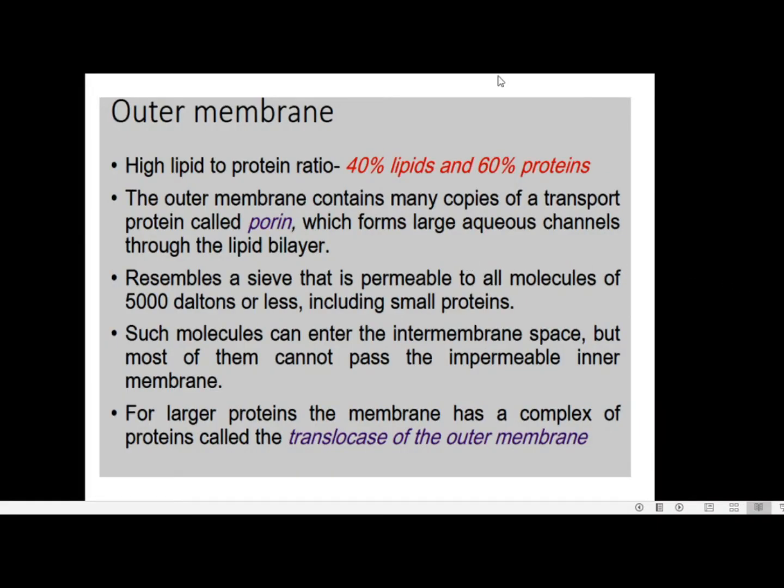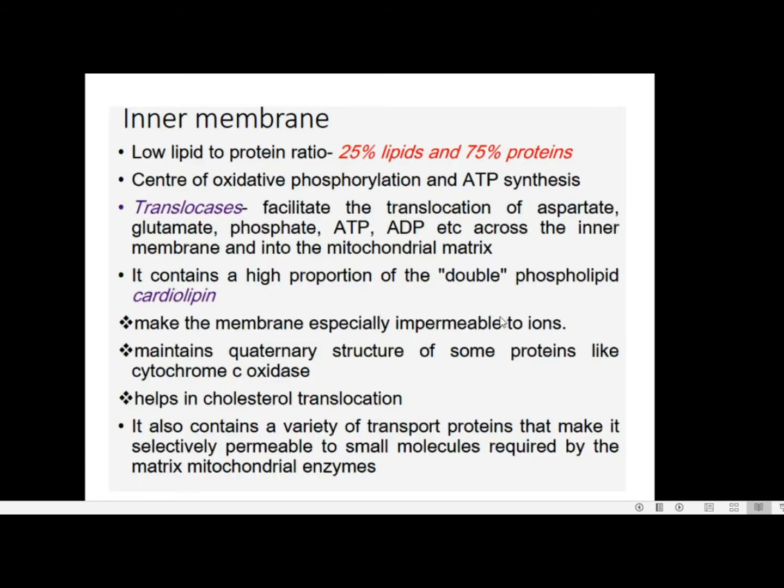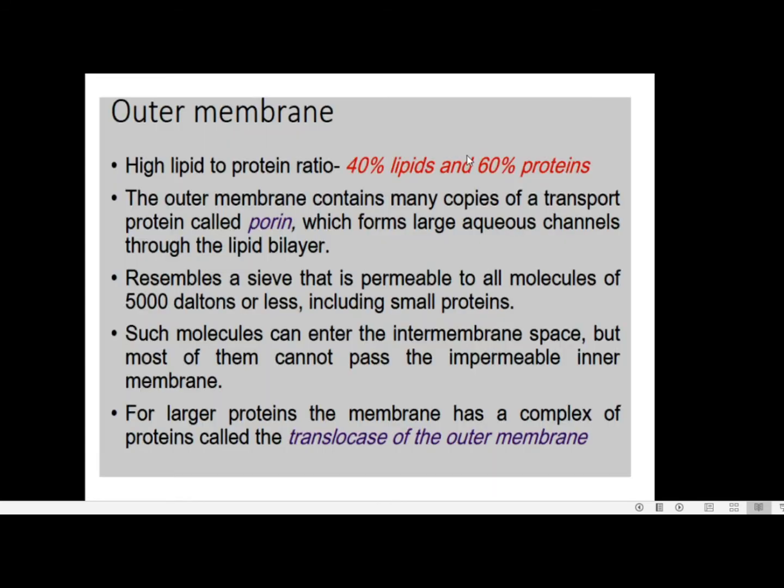We will have a look at the outer and inner membranes of mitochondria. Though they are lipid bilayers, there are slight differences in the composition. That is, in the outer membrane, the lipid to protein ratio is 40:60, whereas in the inner membrane, this ratio is 25:75. So, 40% lipids and 60% proteins constitute the outer membrane, and it contains a number of transport proteins which are called porins.